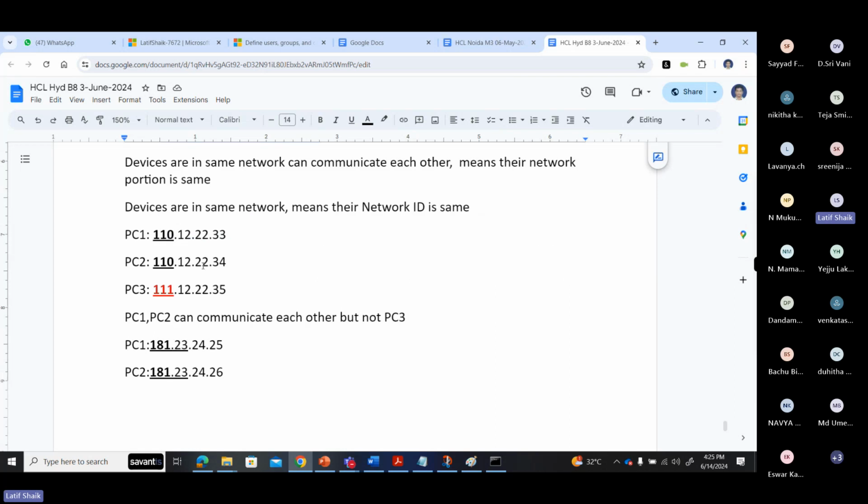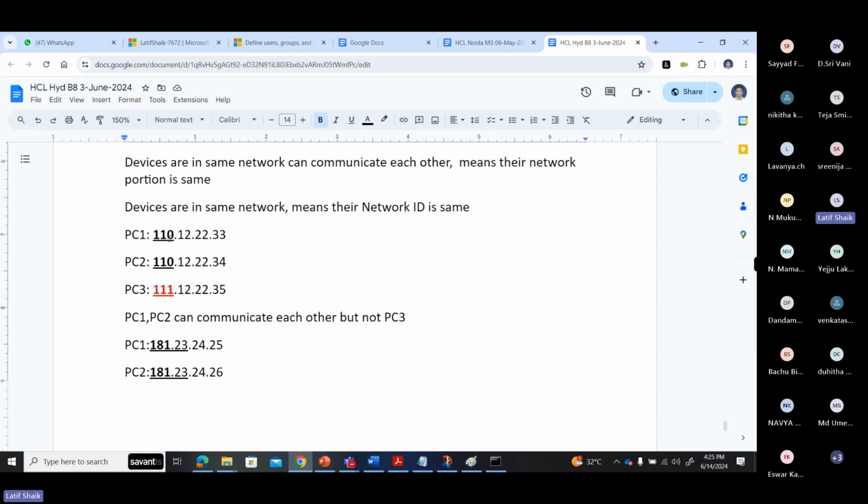Guys, if you look here, there are three computers configured with IP addresses: PC1, PC2, and PC3. If you see the first portion, it is class A, so the network portion is the first portion.